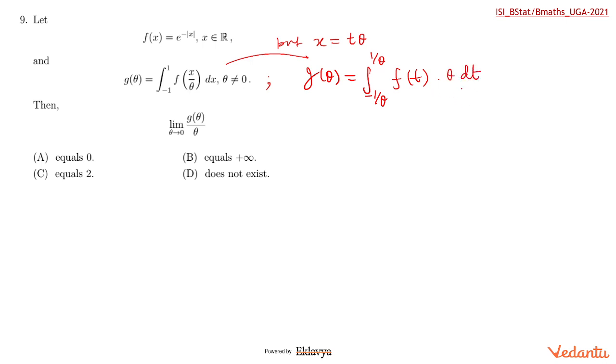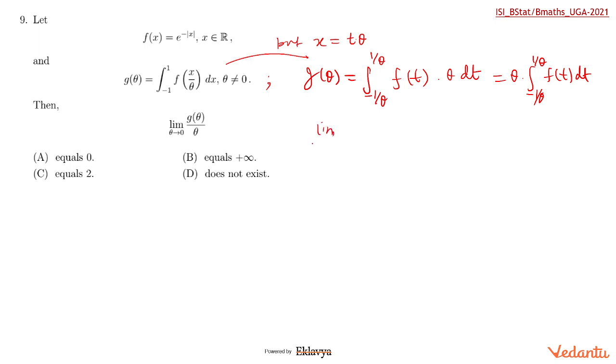So the limits are changed according to the new variable t. t is the variable. So g theta is this. They are asking about g theta, so we can write it as theta into the integral from minus 1 by theta to 1 by theta of f t dt.